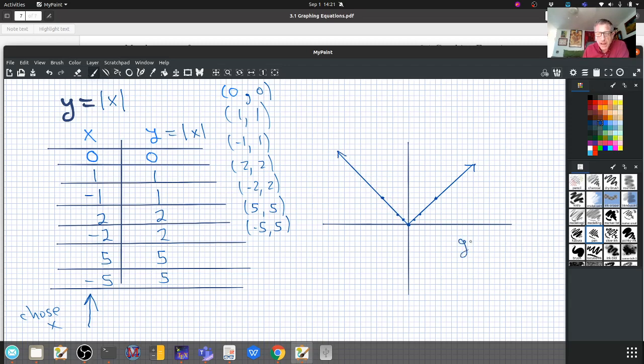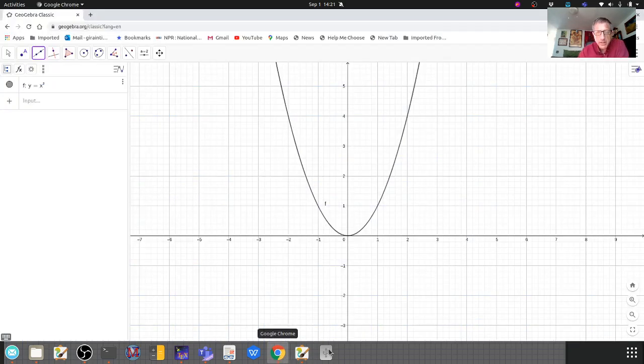This is the graph, what I just drew here, of y is equal to the absolute value of x. Whereas this is the graph, or part of the graph, of y is equal to x squared. Okay, that's it for section 3.1.